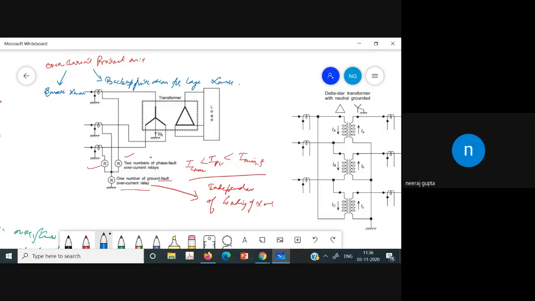So this is the case: smaller transformer overcurrent protection and backup protection for the large transformers.